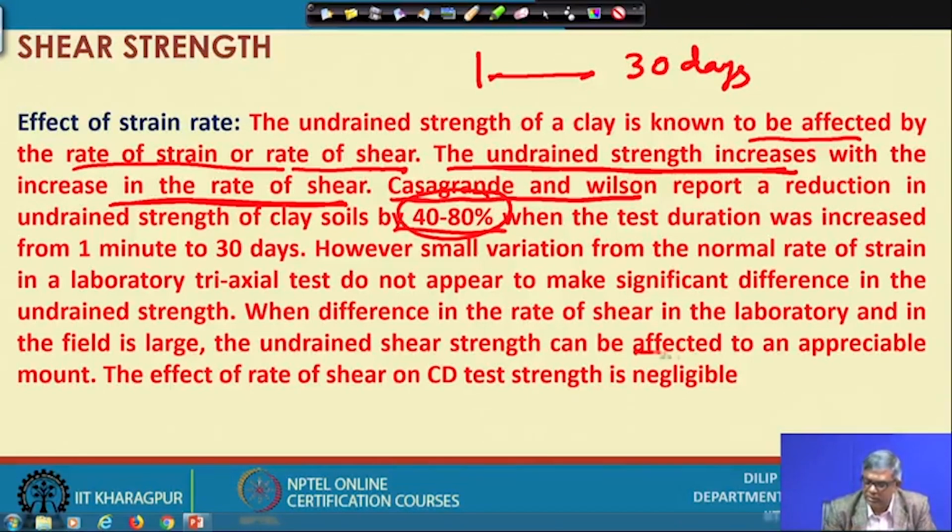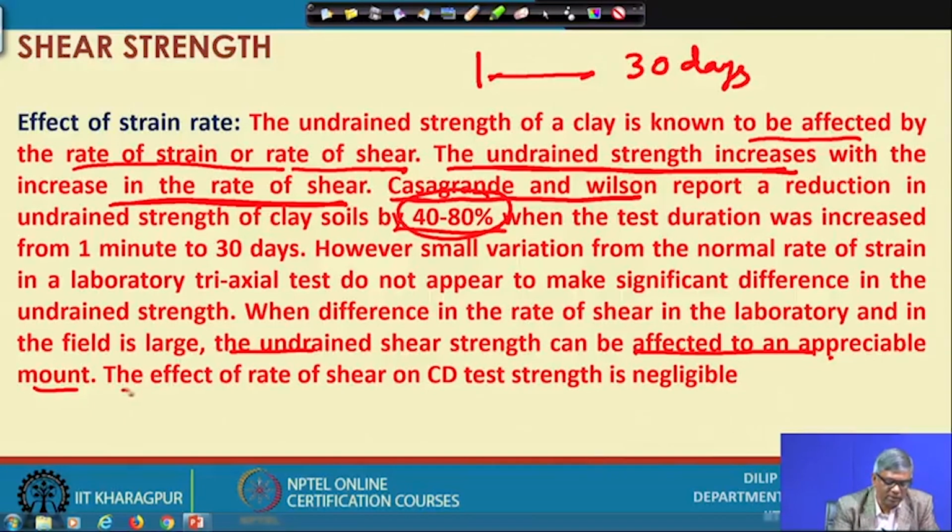So you need to maintain in the lab the strain rate expected during failure in the field. Only then will the value be useful for calculation. That is the thing you have to keep in mind.